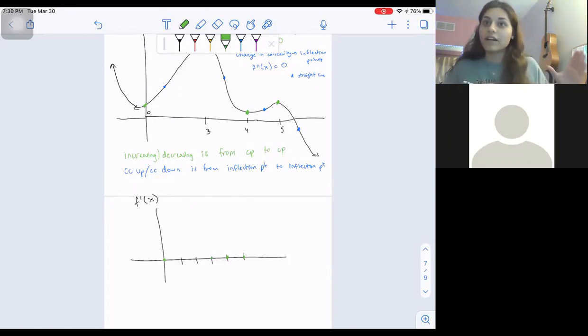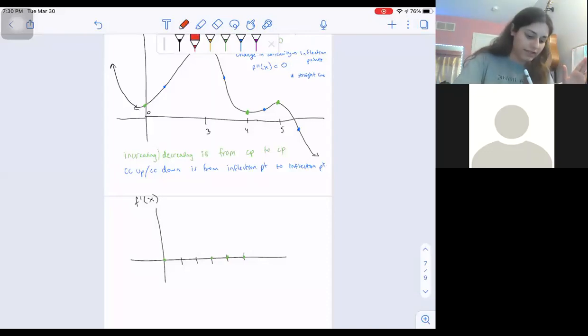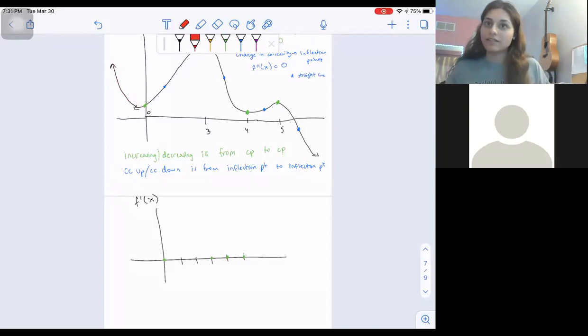So to the left of that 0 point, I'm looking at this one right here, we want to see, is that negative or positive in terms of the slope? Is it decreasing or increasing? It's going this way, right? So it's decreasing. Decreasing is a negative slope, a negative first derivative. So it's going to be below the x-axis.